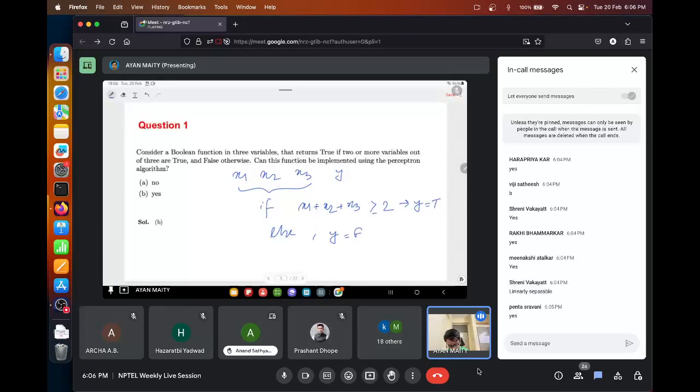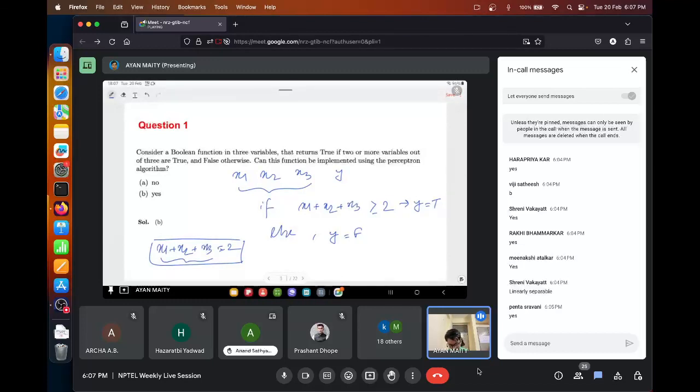So basically x1 plus x2 plus x3 equals 2. So this is the straight line that classifies the two sets of points or two classes. That's why when x1 plus x2 plus x3 is greater than or equal to 2, then y is true, and when this sum is less than 2, then y is false.